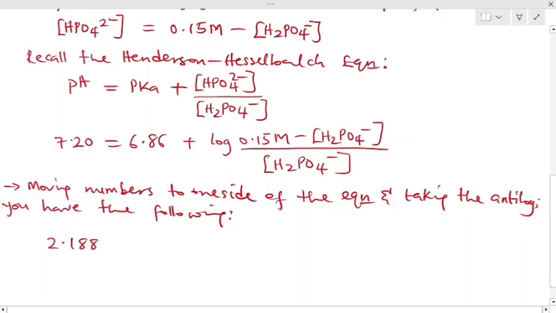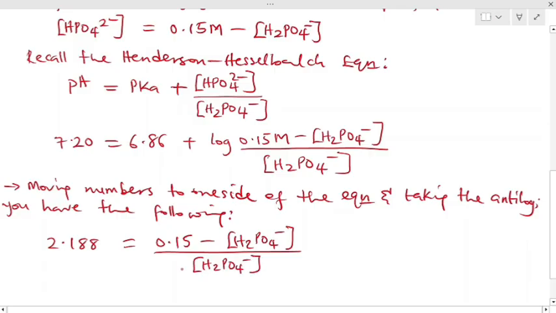2.188 is equal to 0.15 minus the concentration of H2PO4 minus over the concentration of H2PO4 minus.